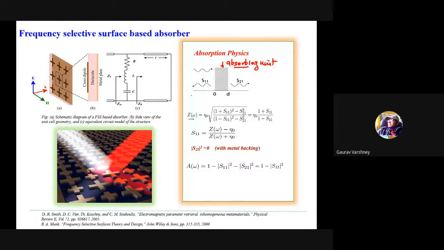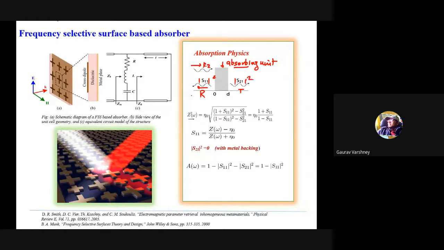Here, this is the incident wave, and when it interacts with this absorbing unit, S11, there may be some reflected wave, and there may be some transmitted wave.